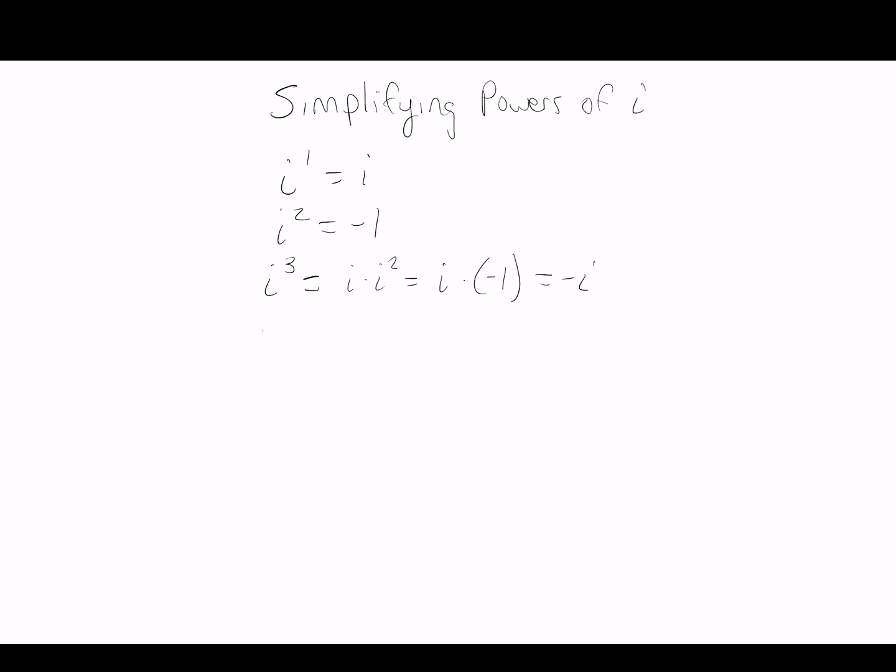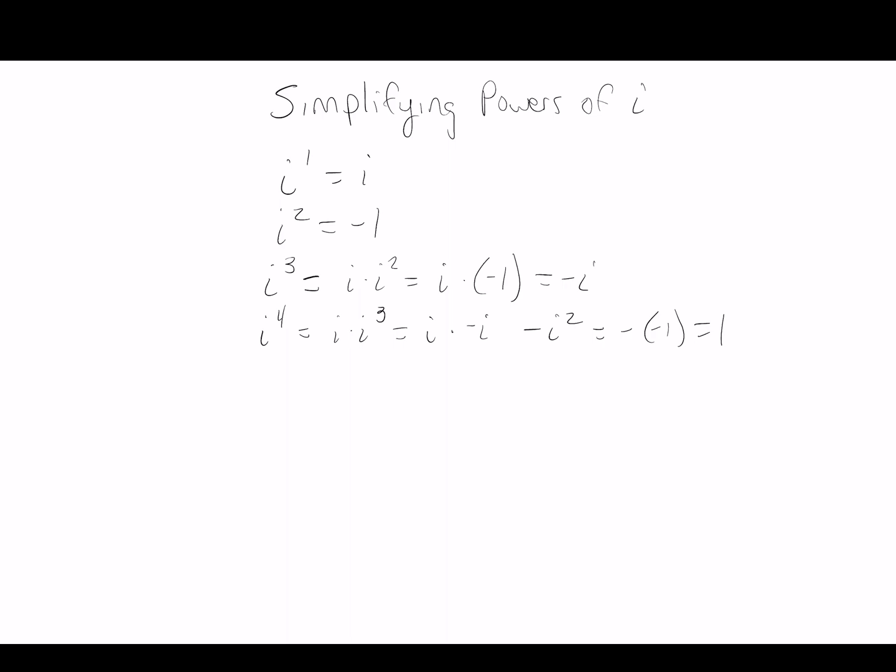And then i to the fourth is i times i cubed, which is i times a negative i. And what does that give us? A negative i squared. Well, what's negative i squared? Well, that's the negative of negative 1. Well, negative of negative 1 is just 1.